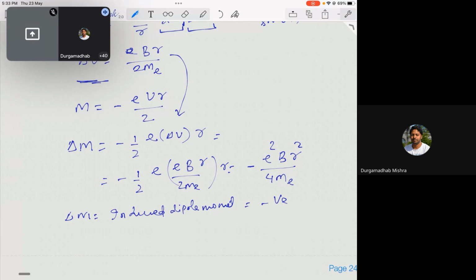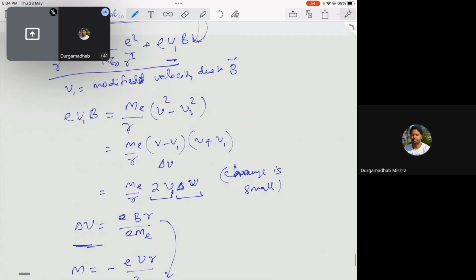Okay, so this is what we see already, it is negative, and it is also proportional to the magnetic field B. So the higher the magnetic field, if we increase the magnitude of that magnetic field B, this delta M, the induced dipole, will be much larger, but it will always be opposite in direction to this applied magnetic field B. So this is one way of explaining how diamagnetism arises in material.